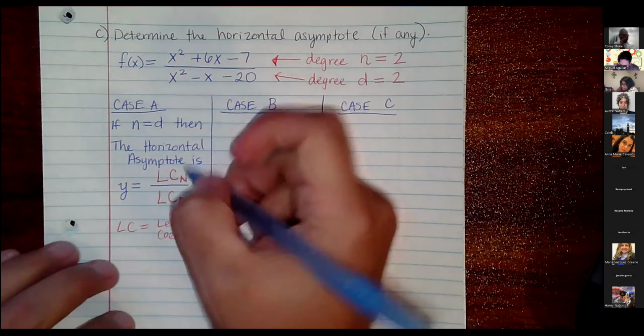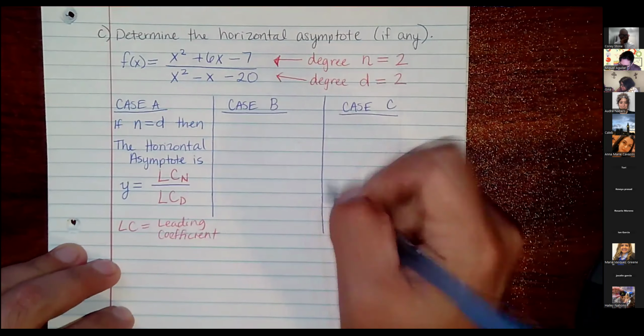LC here means leading coefficient. I'm sure some of you will notice that we are dealing with case A in this problem, but I want to give you the instructions for case B and C before we really dig in. So case B is if the numerator degree is less than the denominator degree, then the horizontal asymptote is y equals 0.